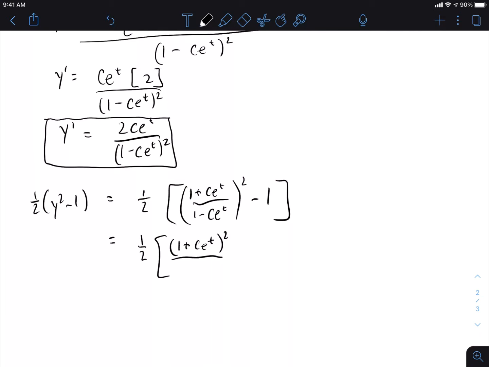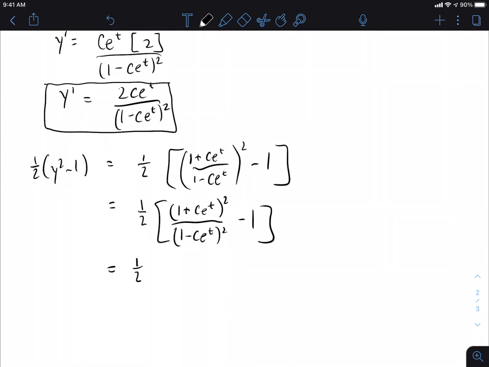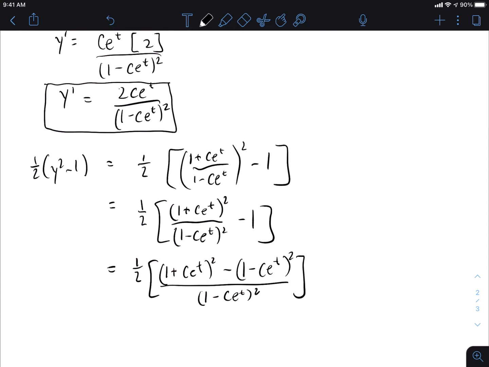That quantity squared over that quantity squared, which will then be 1/2 times (1 plus ce^t) quantity squared minus (1 minus ce^t) quantity squared, all over (1 minus ce^t) quantity squared.